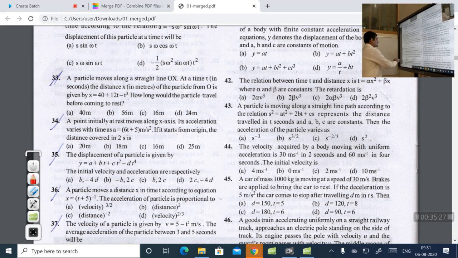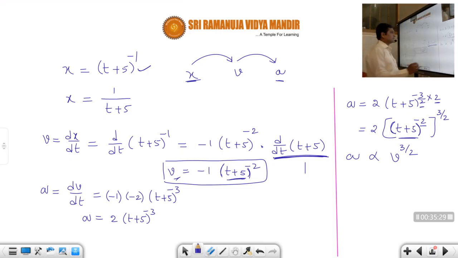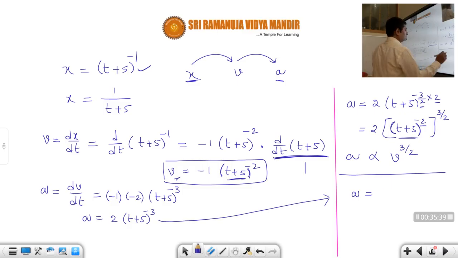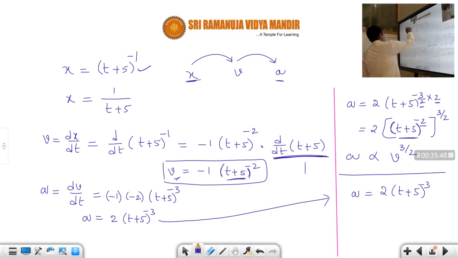Suppose you want to write in terms of distance, students, then what you have to do? Distance is t plus 5 whole power minus 1. So A is equal to 2 times t plus 5 whole power minus 3. Now if you want to write in terms of distance, distance x is equal to t plus 5 whole power minus 1.